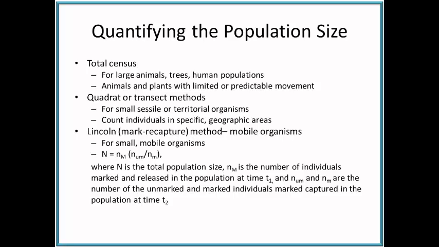If it turns out the population is very small or very mobile or very secretive, it might be necessary to use something called the Lincoln mark recapture method, which is basically, as the term would suggest, you capture a subset of the population, you mark those individuals, you release them back into the environment, and then you continue to trap and capture individuals, and then using a formula which examines the ratio of the number of recaptured, that is marked individuals, as a proportion of those that are unmarked, you can calculate and actually come up with a very accurate estimate of population.